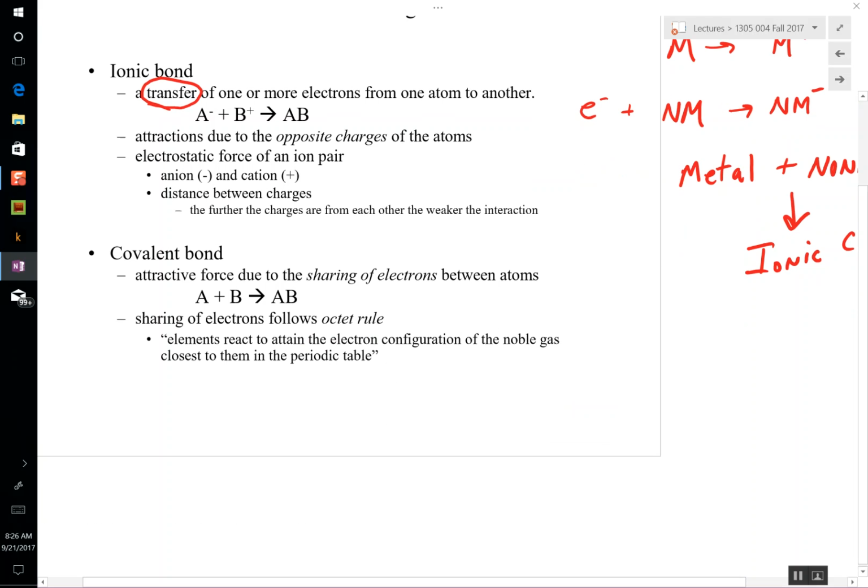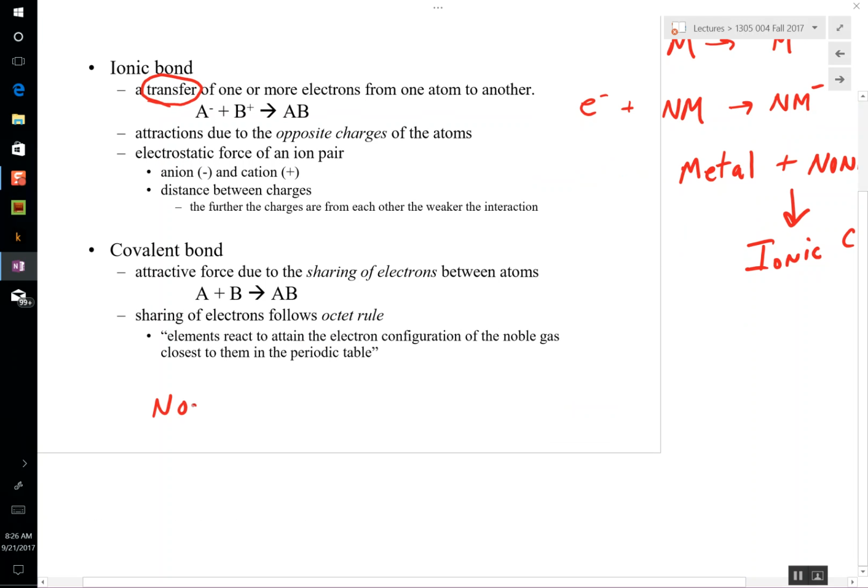Covalent bonds generally are a nonmetal plus a nonmetal. They form covalent bonds, and the operative word here is the sharing of electrons. Sharing. Well, let's take something you would be very familiar with.